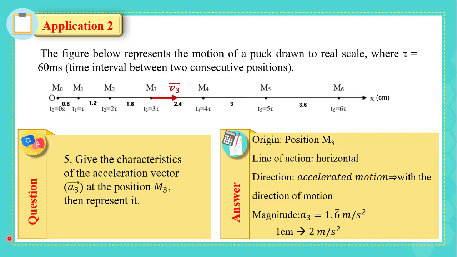To represent it, we need to take a scale. We will consider that each 1 centimeter is equal to 2 meter per second square. By applying the cross multiplication rule, we obtain 0.8 centimeter. Now we will draw A3 at M3 directed to the right with the direction of motion since it is an accelerated motion and of length 0.8 centimeters.